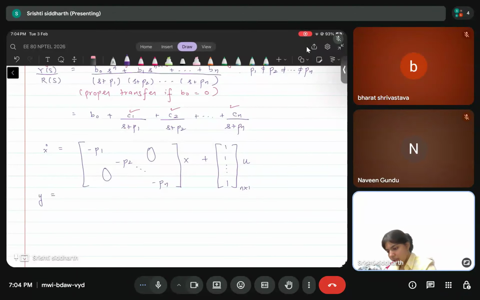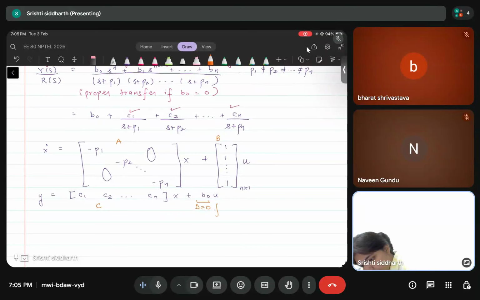This is c1, c2, cn, times x, plus b0. If it's a proper transfer function, then matrix D is 0. So this is A, B, and C, and D is 0 for a proper transfer function.